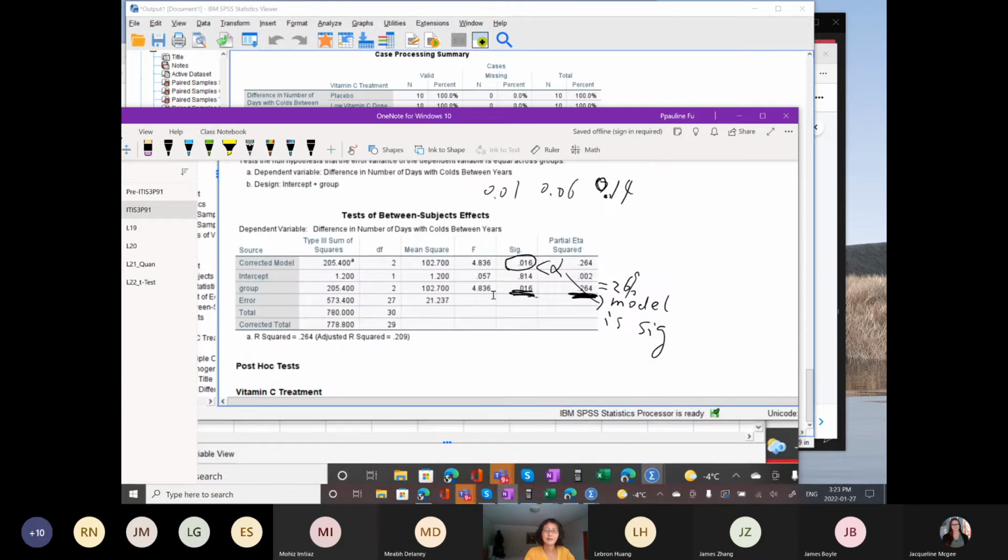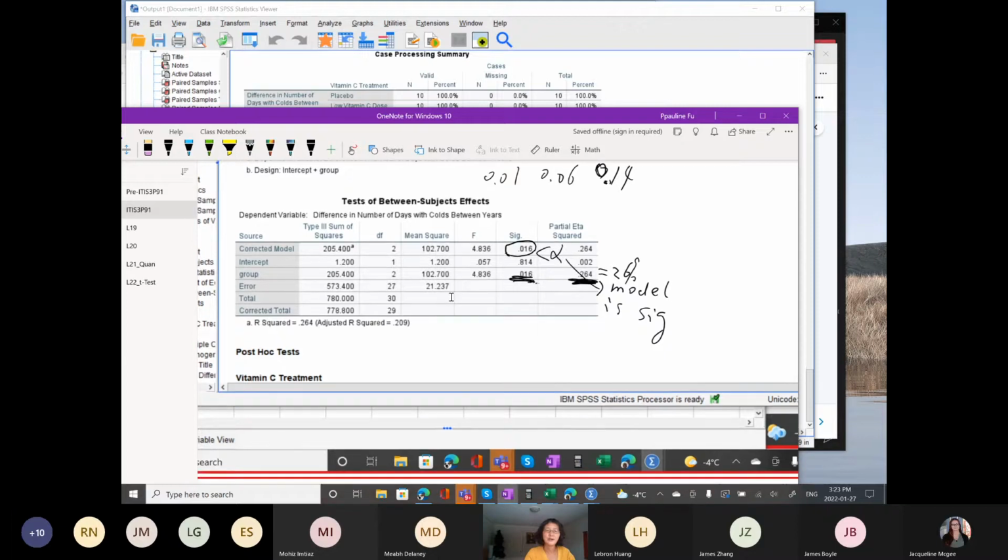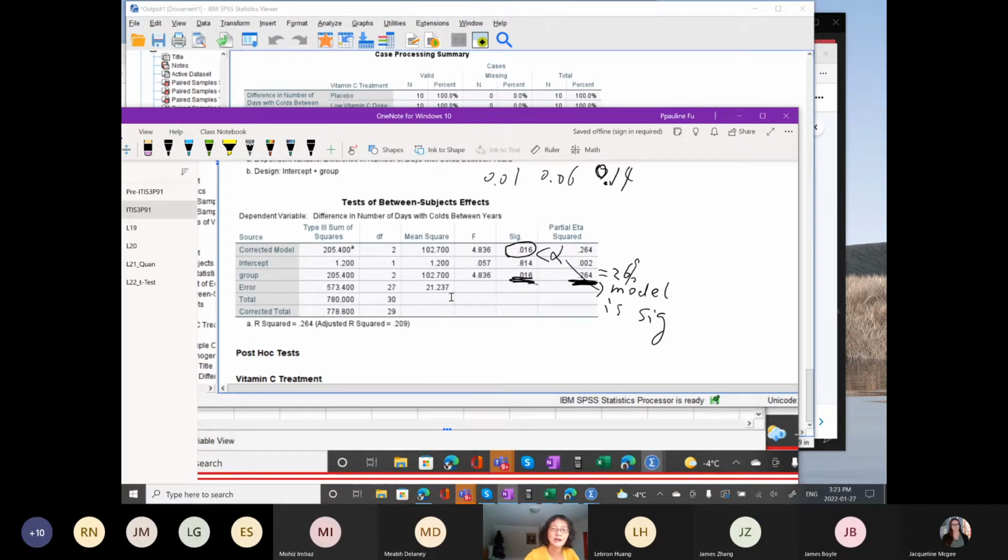And there is an important table here, with the mean square. Sometimes we call this the ANOVA table, between groups.